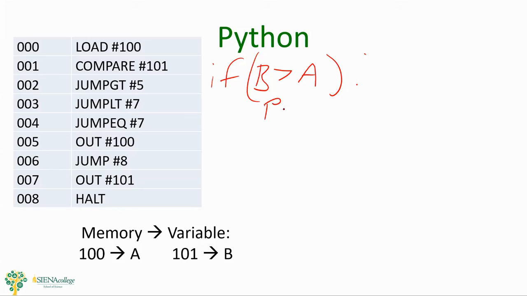So we're going to print 100, which is A. Else, if it's less than or equal to, that's our else, we're going to go to line 7. And we'll print out B.